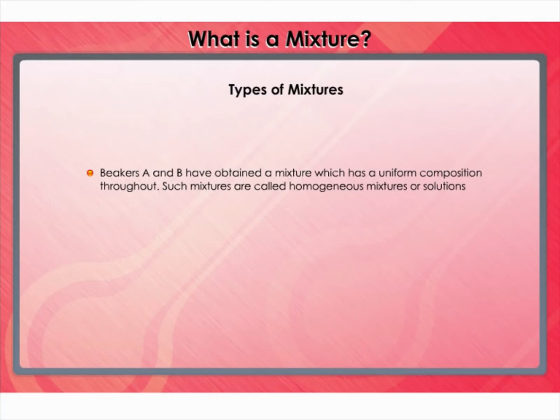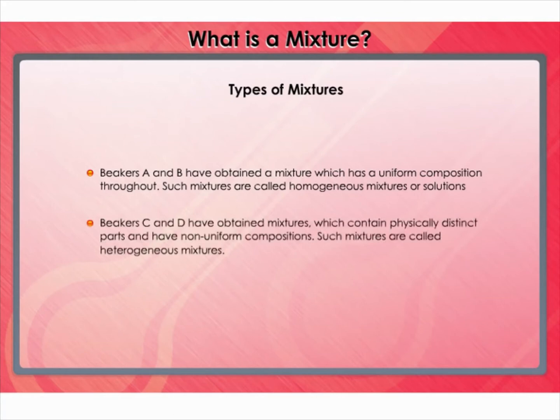This shows that a homogeneous mixture can have a variable composition. Beakers C and D have obtained mixtures which contain physically distinct parts and have non-uniform compositions. Such mixtures are called heterogeneous mixtures. Mixtures of sodium chloride and iron filings, salt and sulfur, oil and water are examples of heterogeneous mixtures.